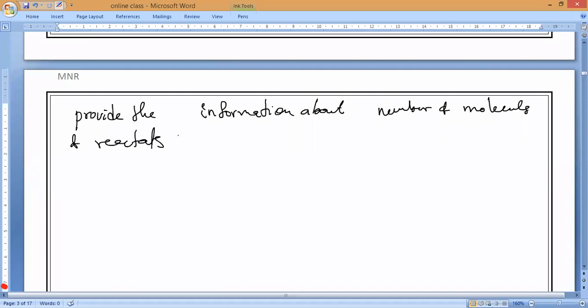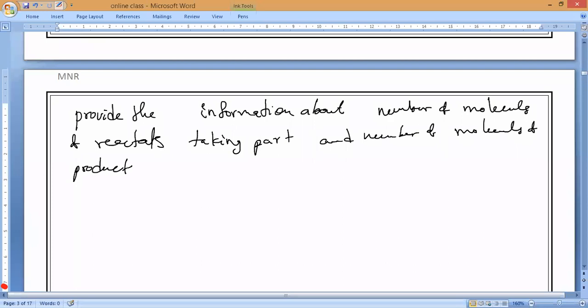Again, I'm saying the reactants taking part and the number of molecules of products formed in the reaction. From the first you have to study well in the chemical reaction, so carefully write the notes. This is the second point.